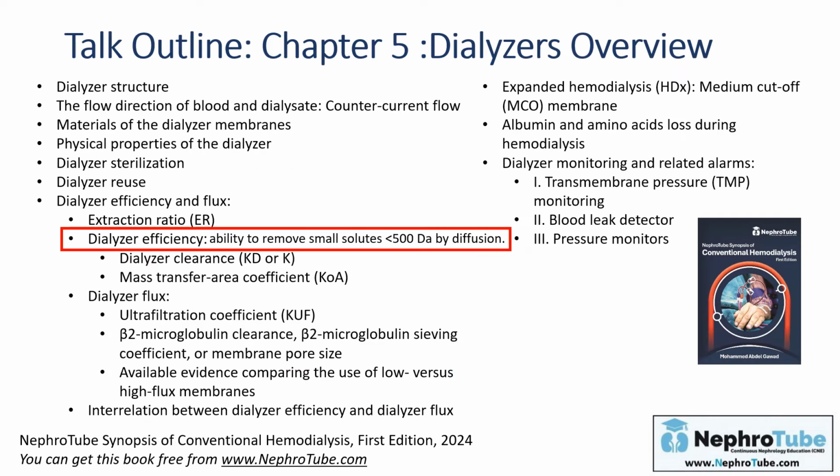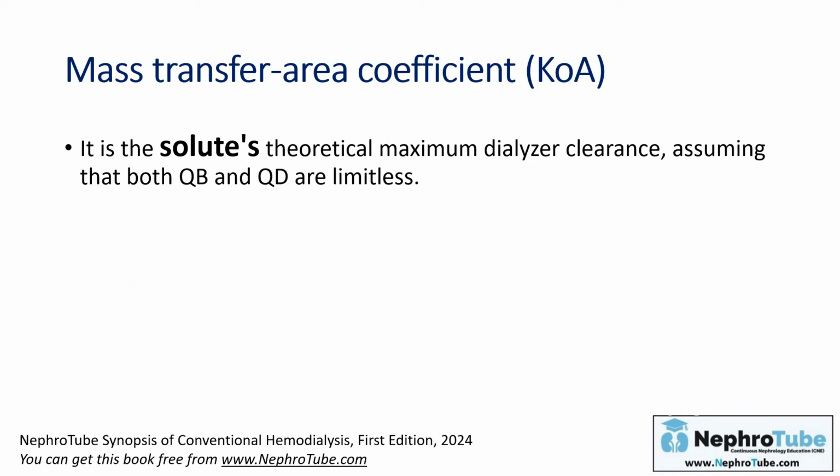Now we will go to the second method of assessment of dialyzer efficiency, which is more accurate, which is the mass transfer area coefficient. The mass transfer area coefficient is more accurate than the dialyzer clearance. What is the mass transfer area coefficient?